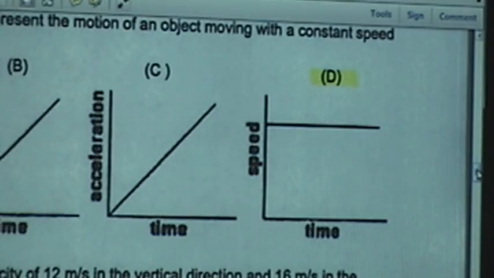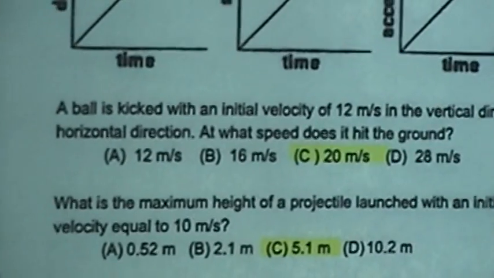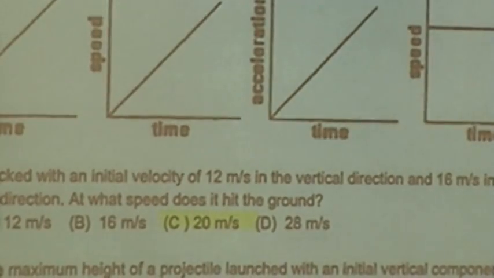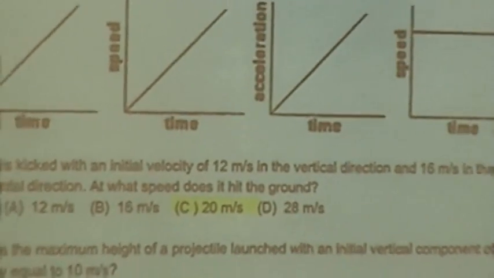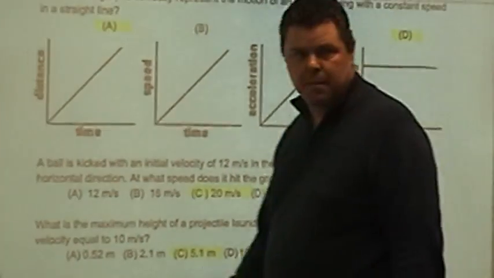A ball is kicked with initial velocity 12 meters per second in the vertical direction, 16 in the horizontal direction. Well, when dealing with projectiles, however fast the object goes up, the object will return and go the same speed when it comes back down to the same height.